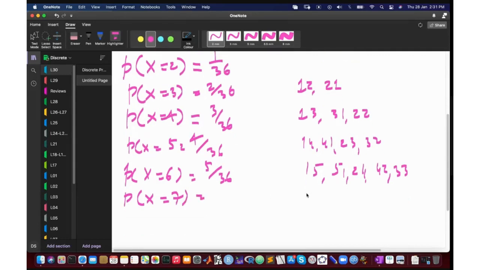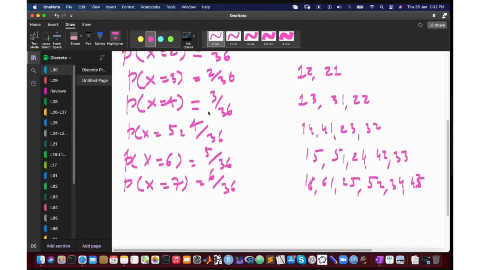You can get 1 6, 6 1, 2 5, 5 2, 3 4, and 4 3. So it's 6 out of 36, which is 1 over 6. What's the probability that you can get 8?